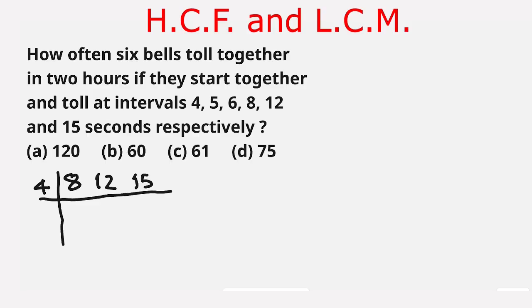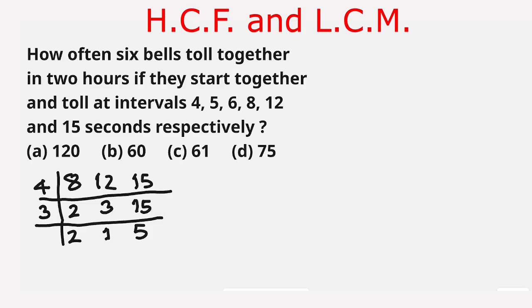We divide these numbers by 4. 4 divides 8 for 2 times and 12 for 3 times, and we write 15 as it is, not divisible by 4. Now we divide these numbers by 3. We write 2 as it is. 3 divides 3 for 1 time and 3 divides 15 for 5 times.